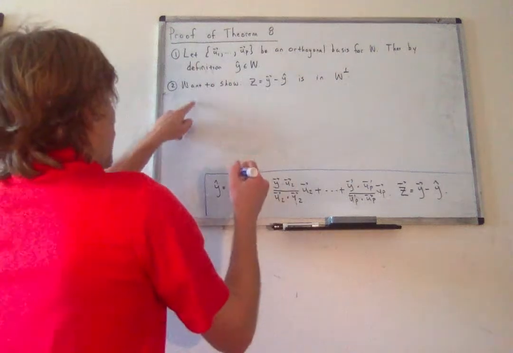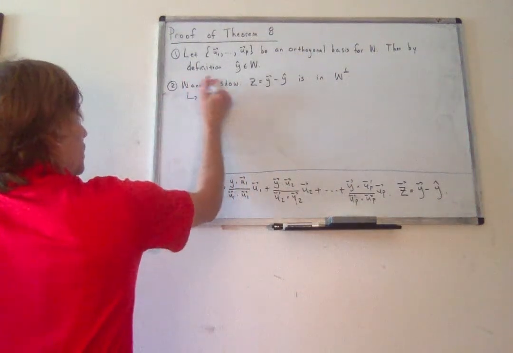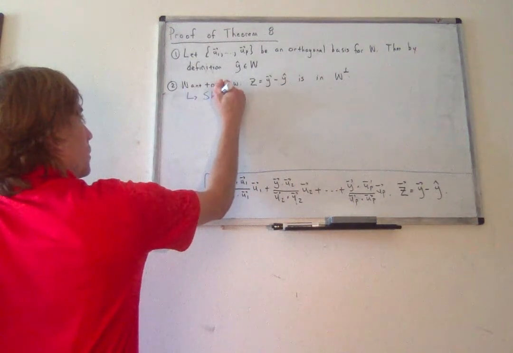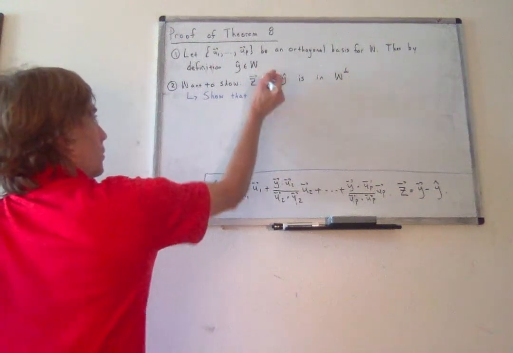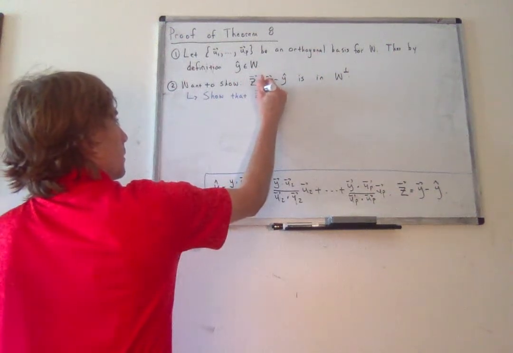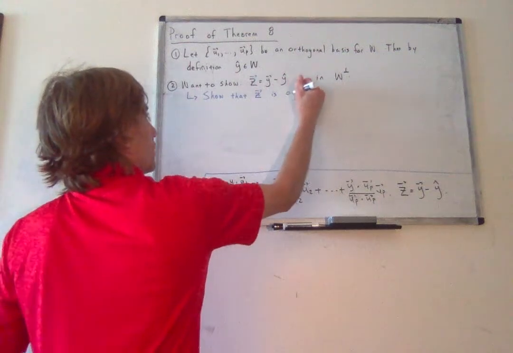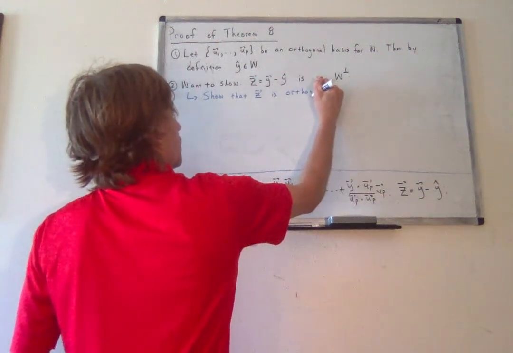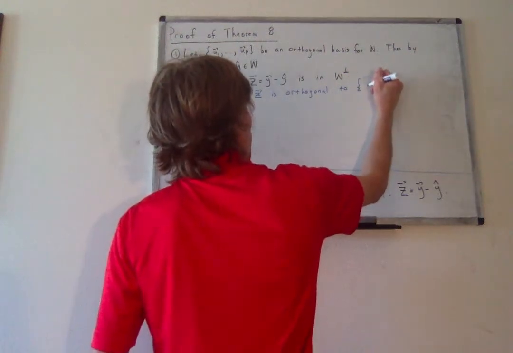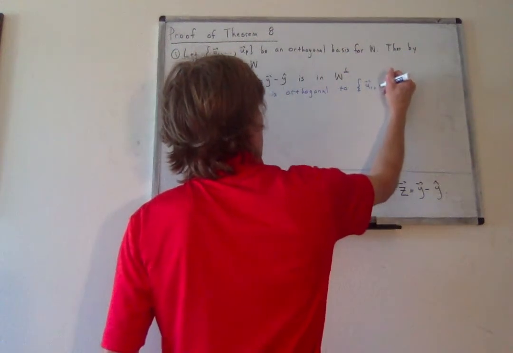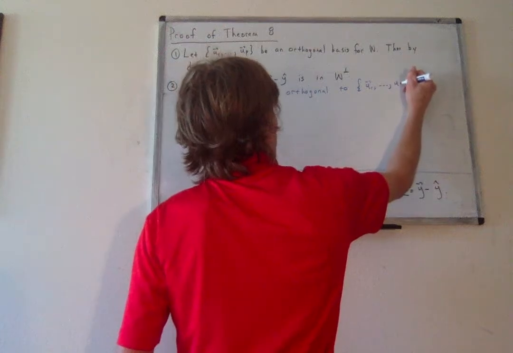So what we're actually going to do to show this is we're going to show that z is orthogonal to the set u1 through up.